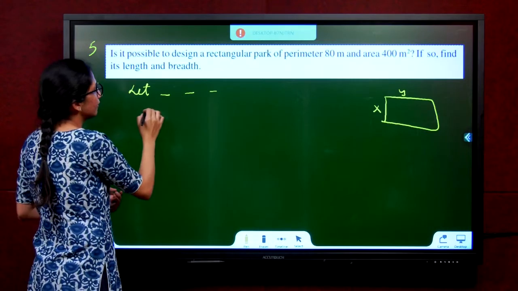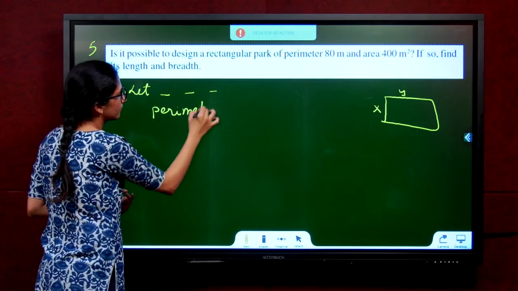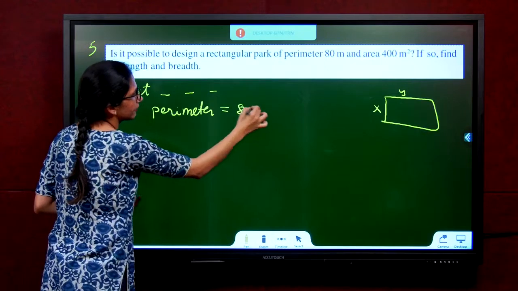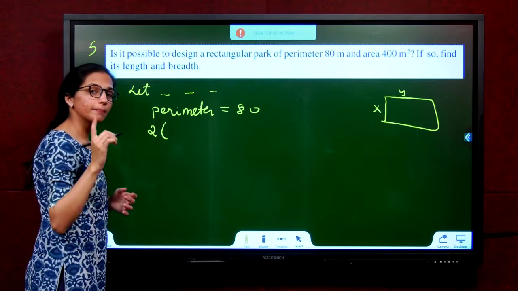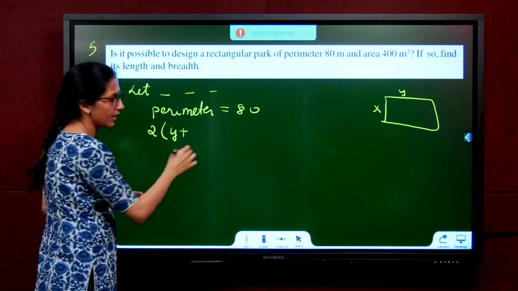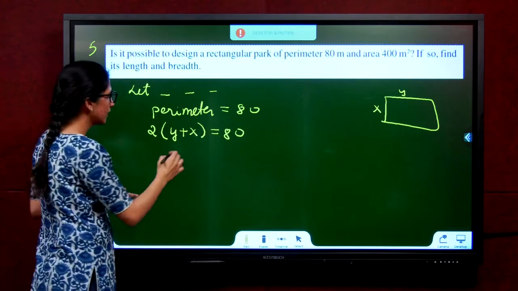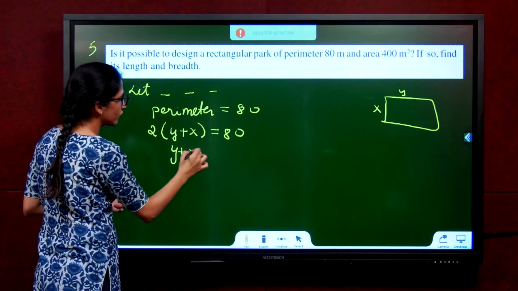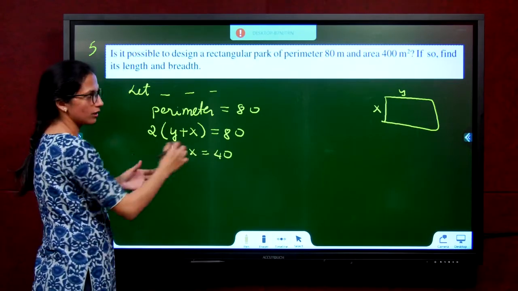Now, given condition, perimeter is 80. Perimeter formula is 2 times length plus breadth. Length is Y, breadth is X, equal to 80. Y plus X is 40. Okay, send the 2 down.